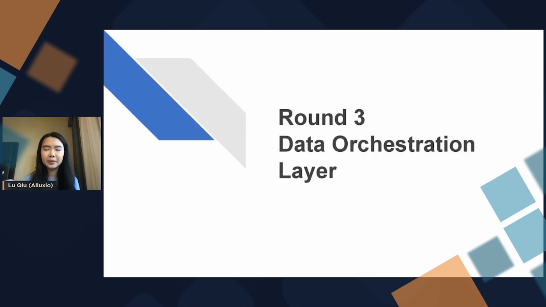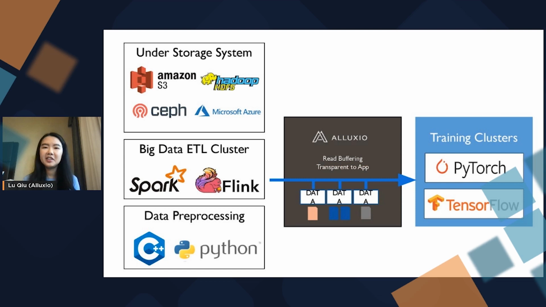So in the last one, we talk about how we can speed up the data abstraction layer. No matter what our data set is, it may be a ready data set in our under storage, or it may need some data preprocessing using big data ETL tools like Spark, or using training scripts like C++ and Python.